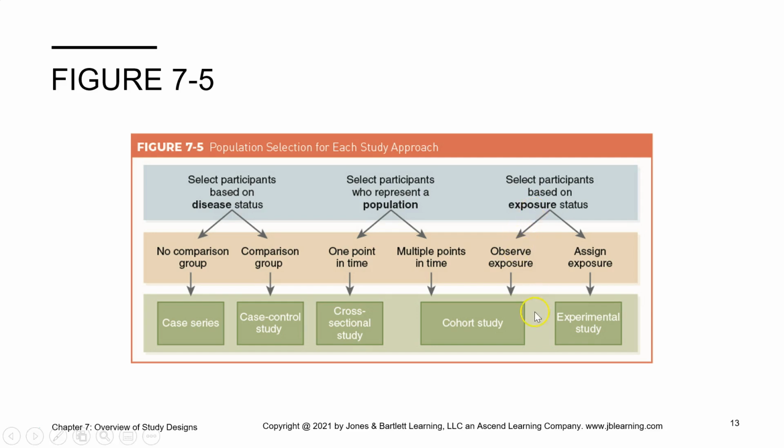You would have a cohort study because you're just following them over time to see if they develop some sort of disease, let's say lung cancer. But if you wanted to assign the exposure, so this could be, say, to follow people to test the effectiveness of a new drug, then this would be an experimental study.